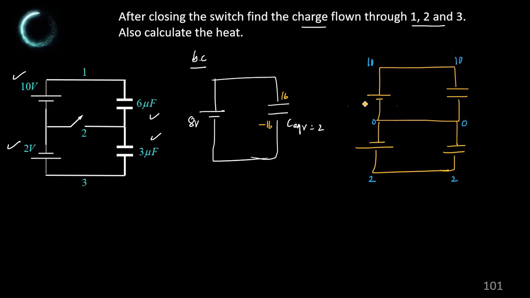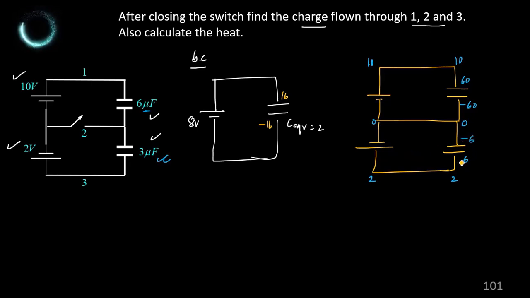So now I understand that for the 6 microfarad capacitor, the potential difference is 10. So charge on this plate will be 60. On this plate is minus 60. Okay. So similarly, the 3 microfarad capacitor is across 2 volt potential difference. So lower plate will be positively charged, so it should be 6, and here is minus 6.